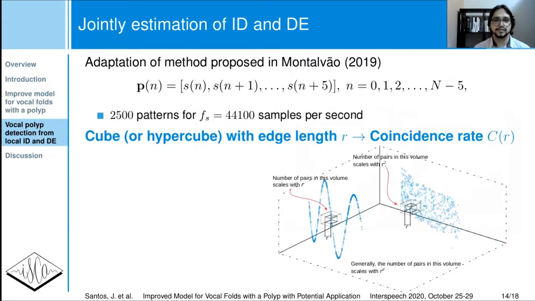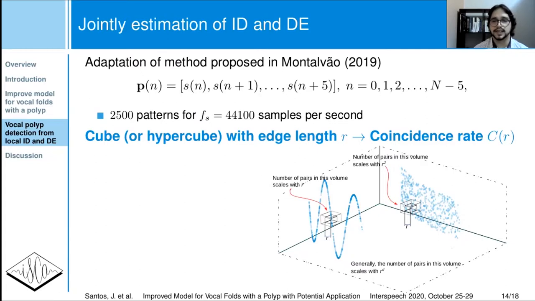Then to make this estimation, we use a hypercube with edge length r and a coincidence rate C(r). To illustrate this, we can see here a three-dimensional space in which the hypercube is a cube, and we use this cube to count how many points of the data fall in this cube and how it varies with the change of the edge length.